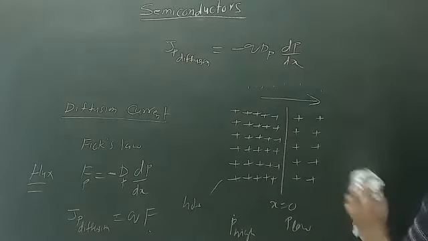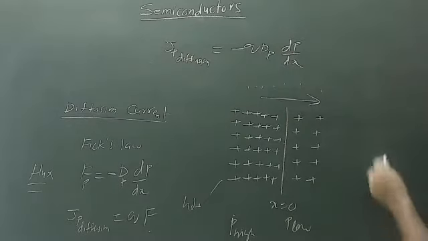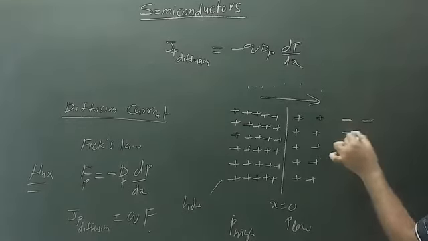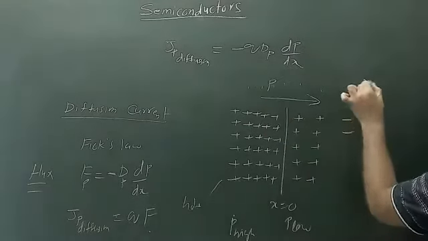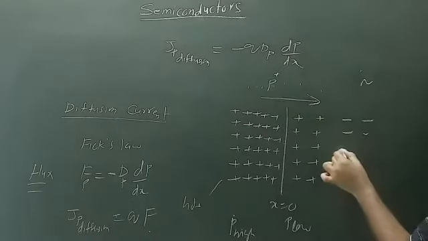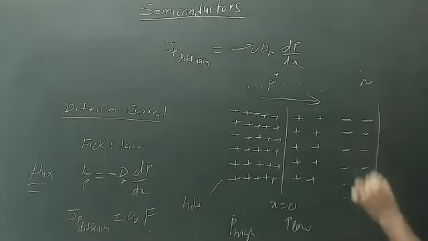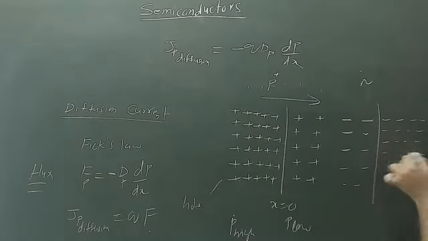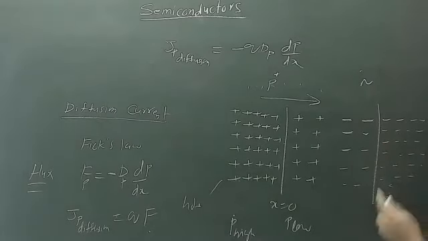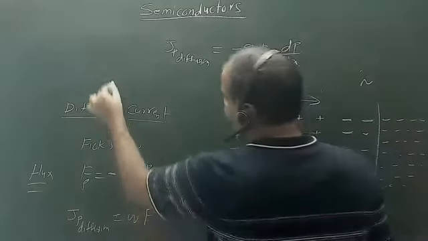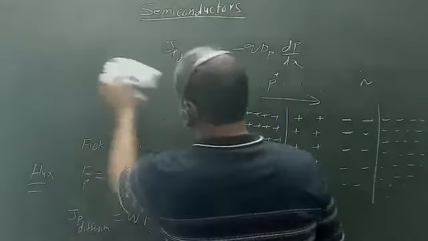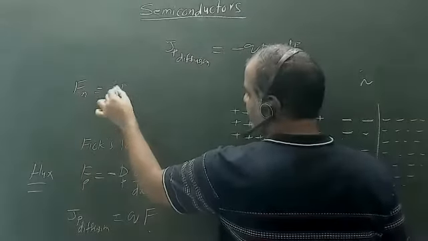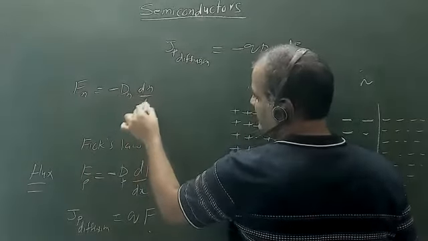Similarly, if I write it for electrons, suppose here I have a low concentration of electrons, as happens in a p-plus n junction, and on this side I have a higher concentration. Again there will be a flux of electrons, given by F_n equal to minus D_n dn by dx.